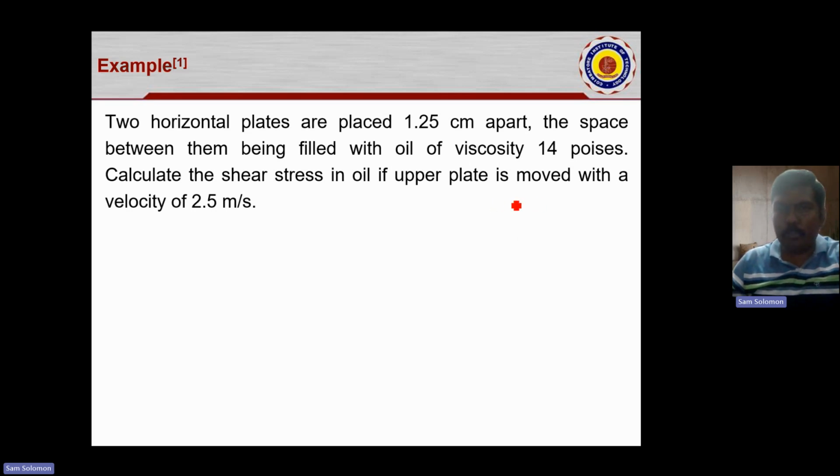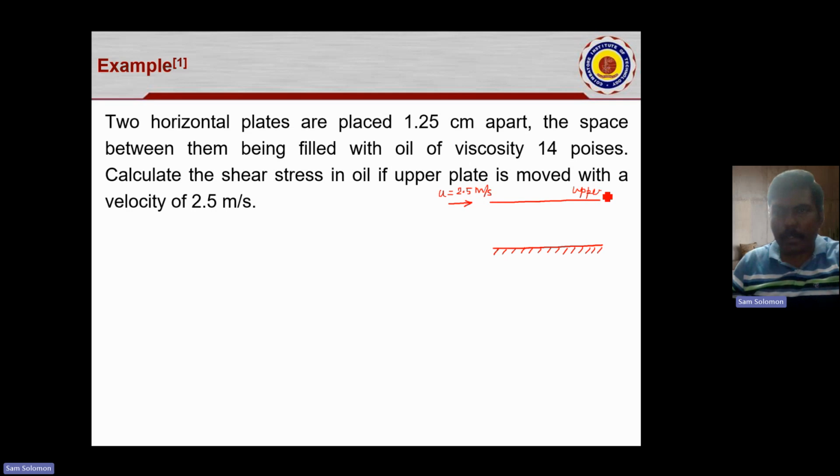So we have got two plates. We have got the upper plate, and they have said this upper plate is moved with a velocity of 2.5 meter per second. And then there is a lower plate. This lower plate is fixed, and that is indicated with this hatched line over here.